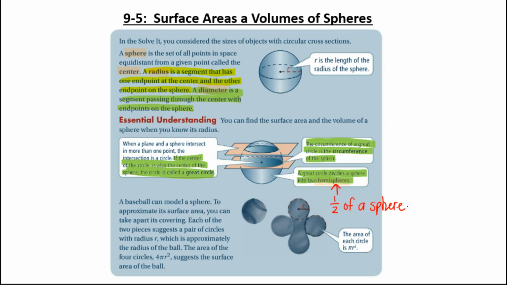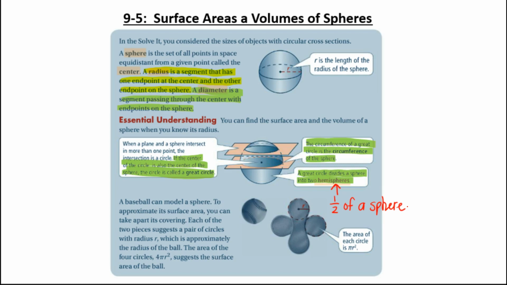Where have you heard the term hemispheres before? Oh, please tell me we've heard hemisphere before. You know the Earth is divided into hemispheres. A northern and a southern hemisphere.